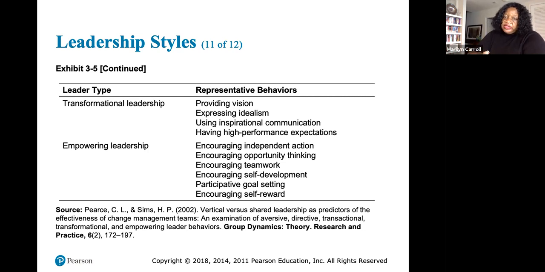Empowering leadership is encouraging independent action, encouraging opportunity for thinking, encouraging teamwork, encouraging self-development, participative goal setting, and encouraging self-reward. Empowering leadership is a very positive leadership, and I think we see more transformational leaders doing the empowering leadership types.